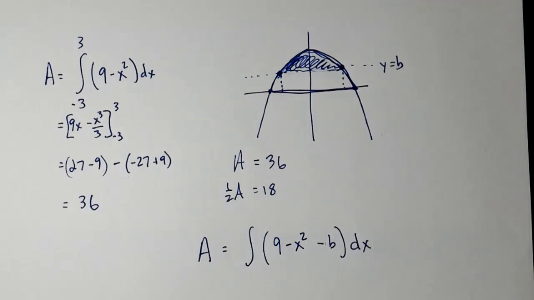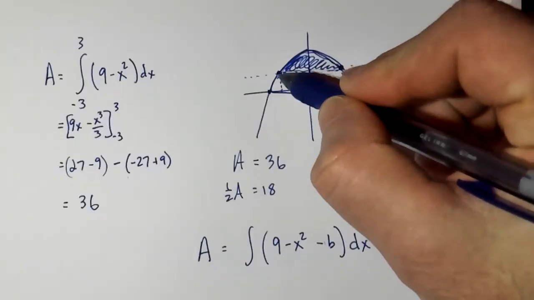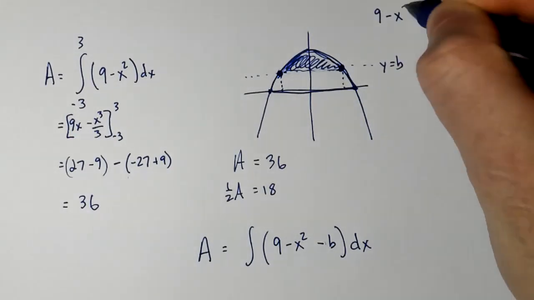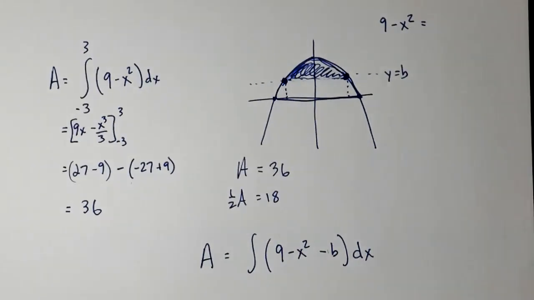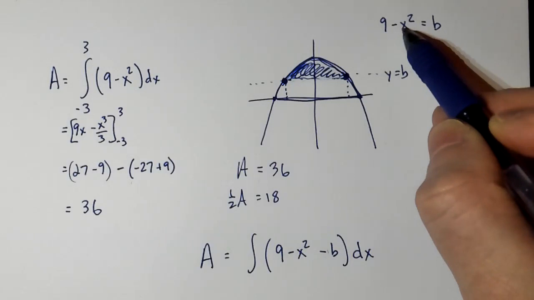We're just going to say that b is the constant that we're trying to find, obviously. So where does 9 minus x squared equal b? Because this is y equals 9 minus x squared, and this is y equals b. So I want to find the x values that represent this.